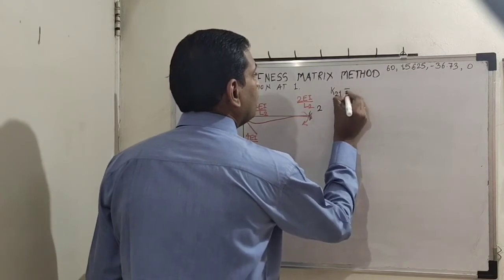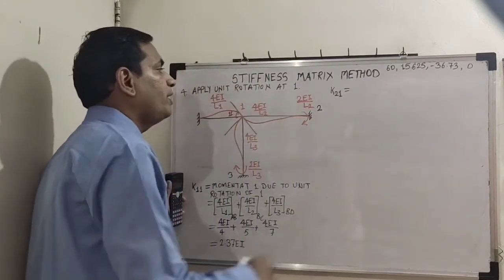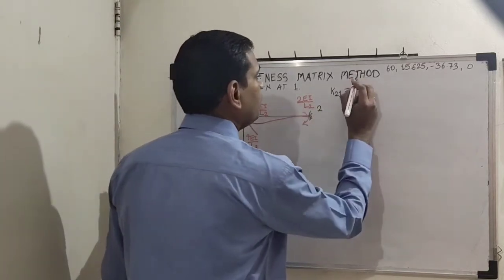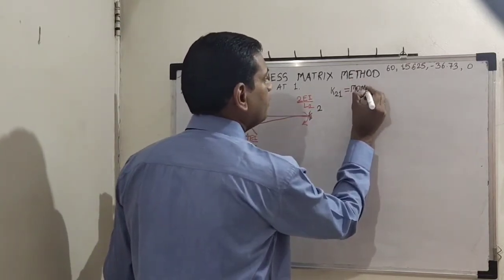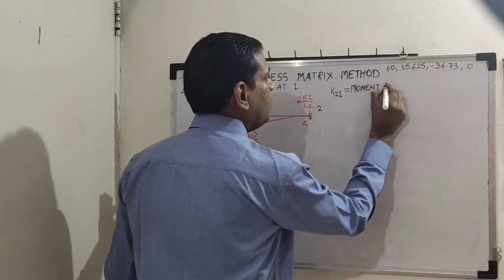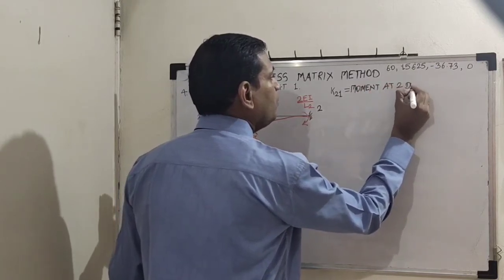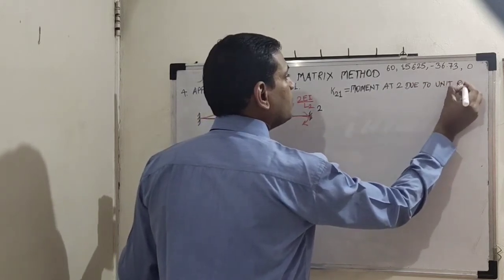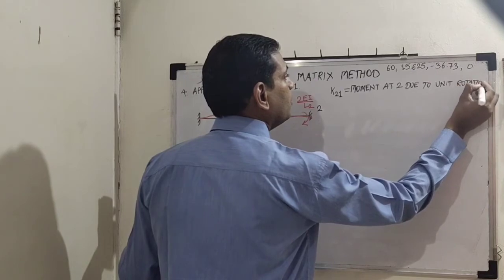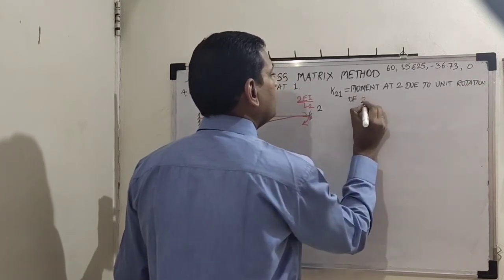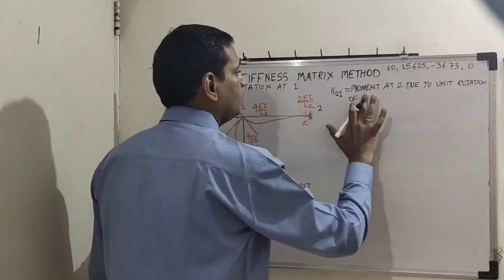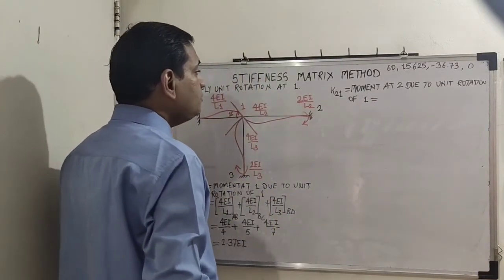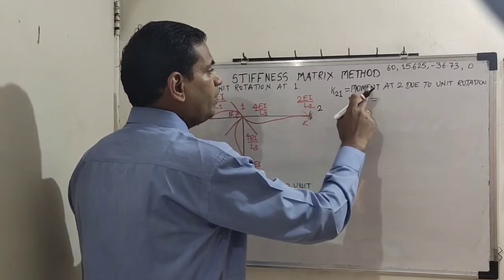Then K21. What is K21? We have to look at number 2 in the diagram. It is 2EI by L2. What is this? This is moment at 2 due to unit rotation of 1. K21. Now why are we looking for moment?